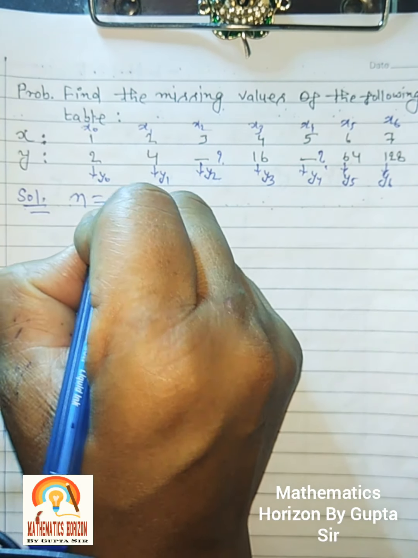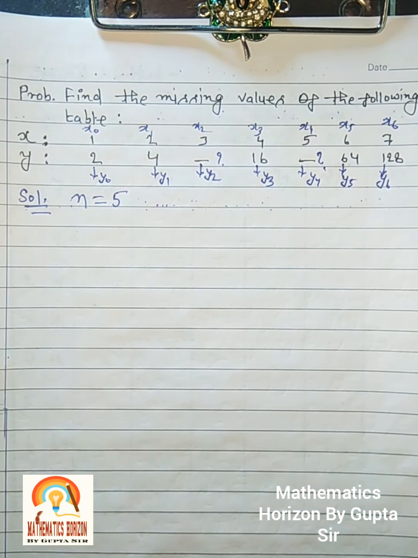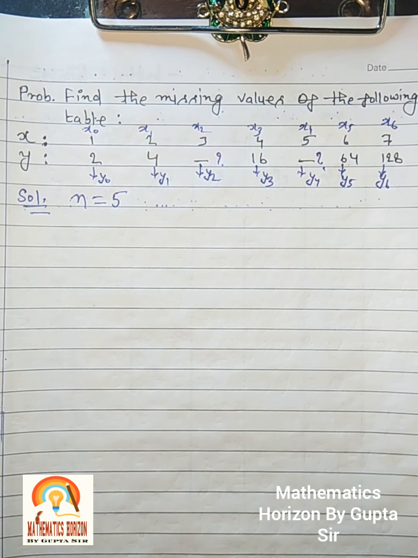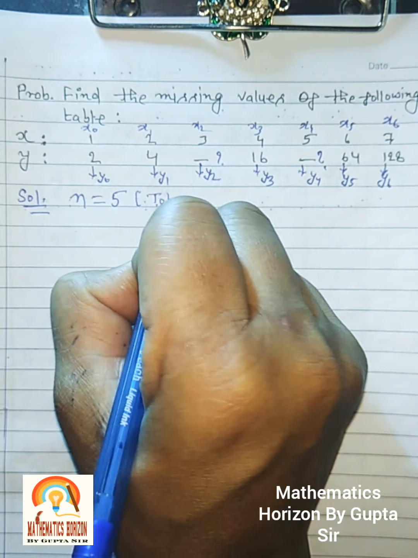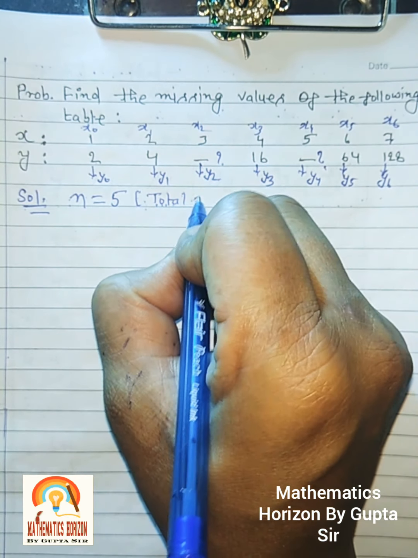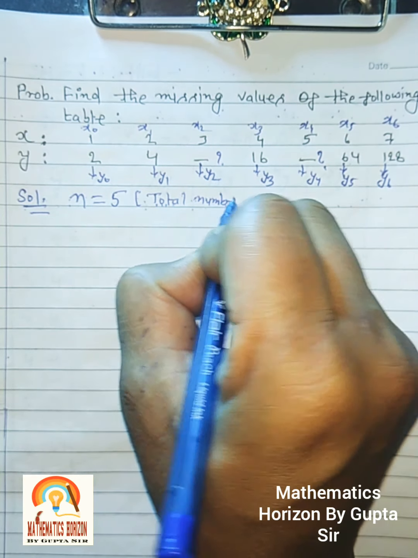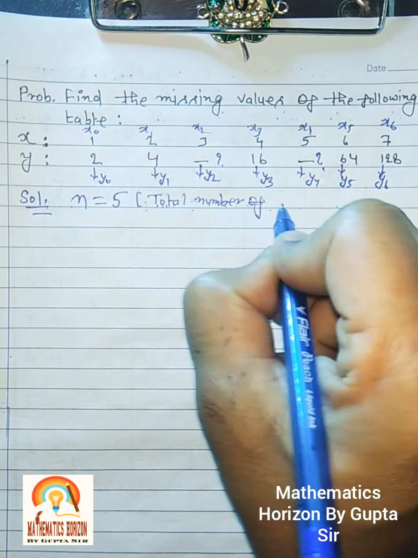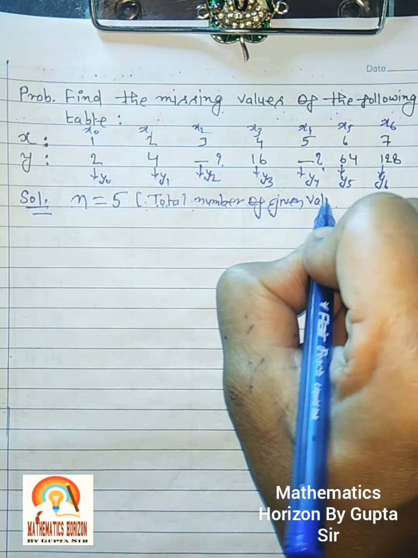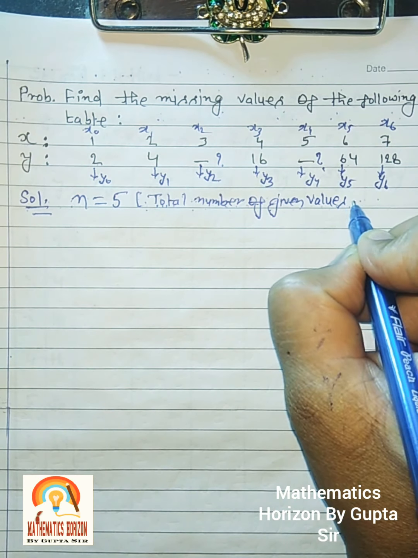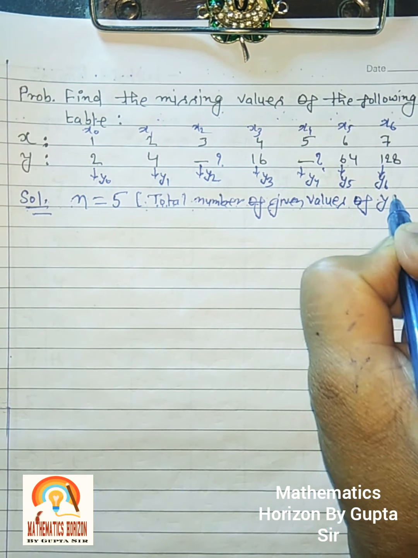Here we have total 5 values given. That's why we choose n equal to 5, that is, the total number of given values of y.